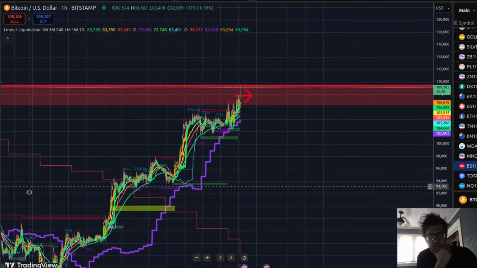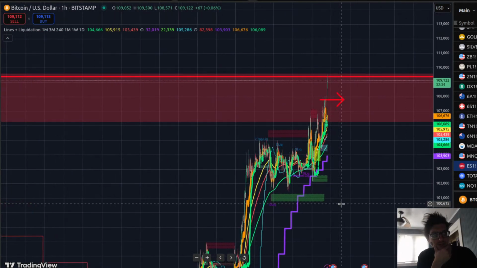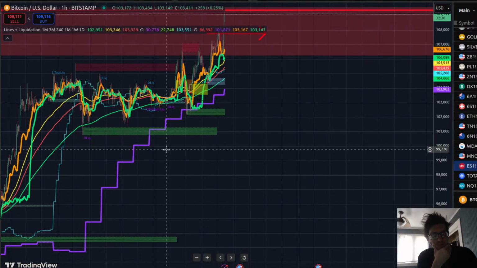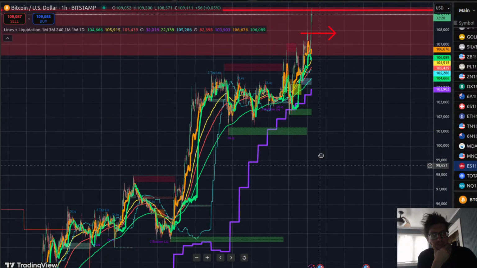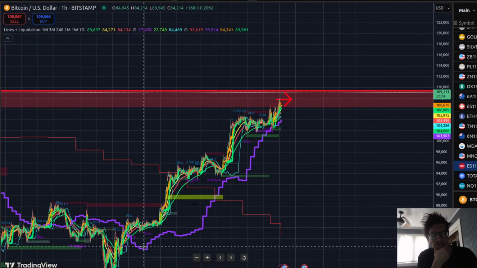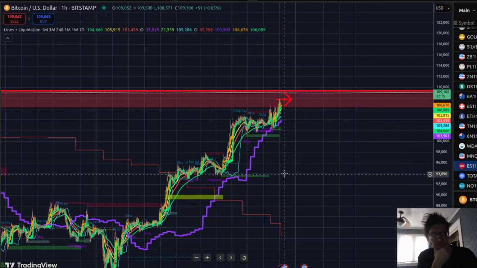As an example, in one of my prior live videos, as to why it potentially wouldn't go below this purple line, this daily indicator line here, because it was coming down against it, but not hard enough.